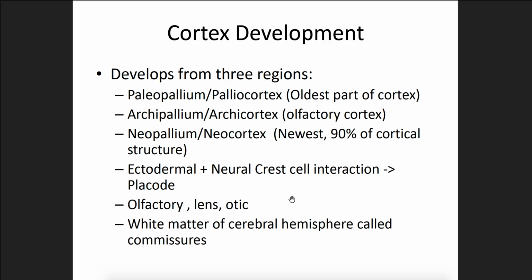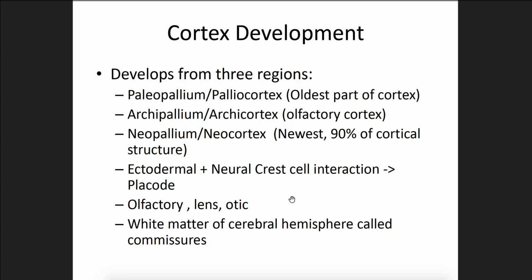Now all this gray matter that you have, paleopallium, archipallium, neopallium, then you have a type of cortex which is called corpus striatum. All of this is gray matter.